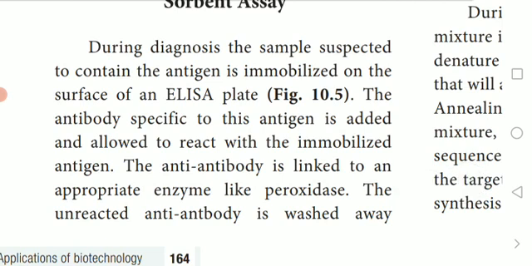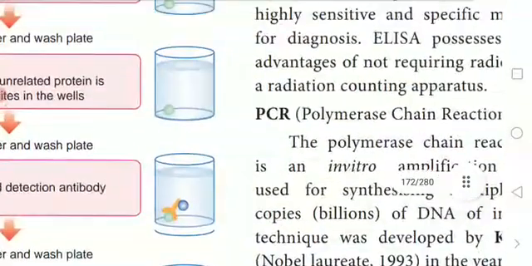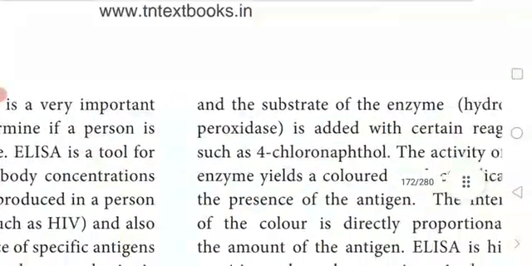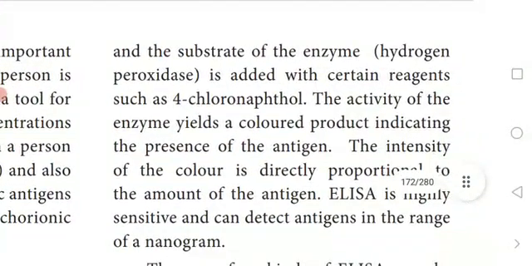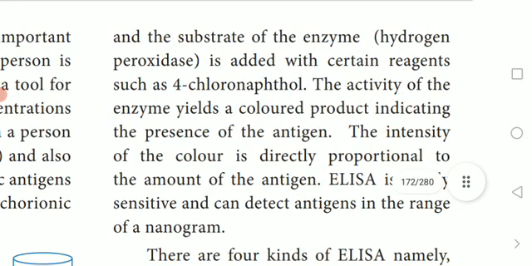It is a very important diagnostic tool to determine if a person is HIV positive or negative. With the help of serum and urine, we can identify whether that patient has HIV or not.